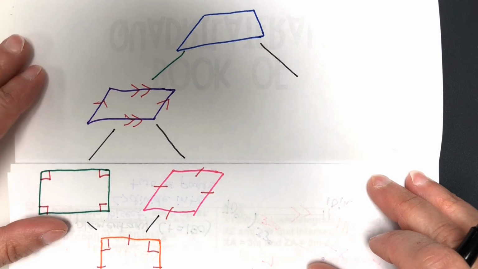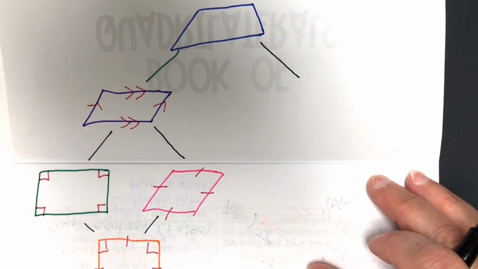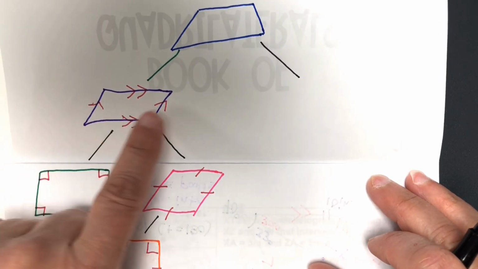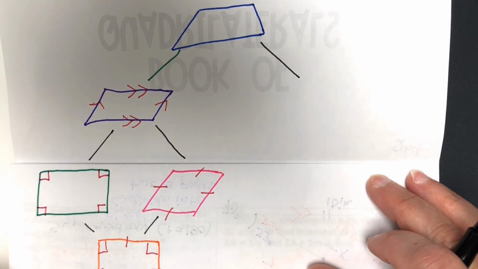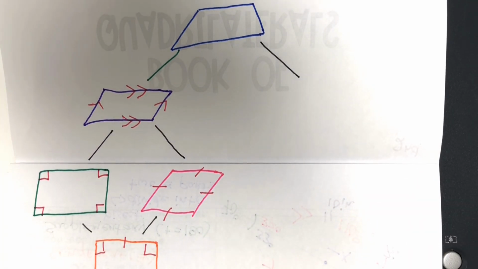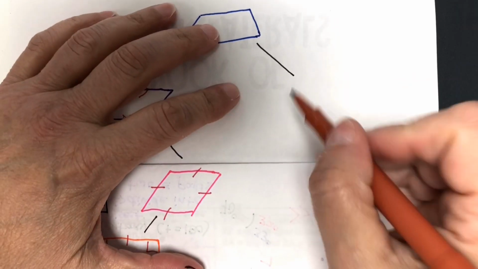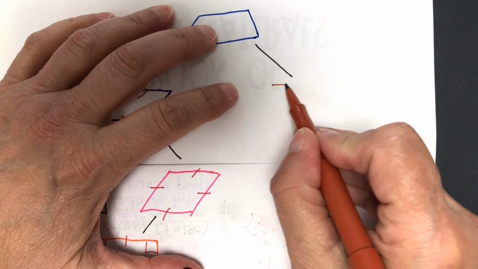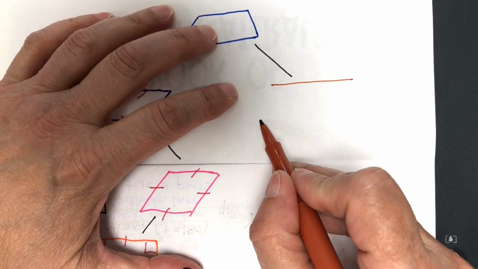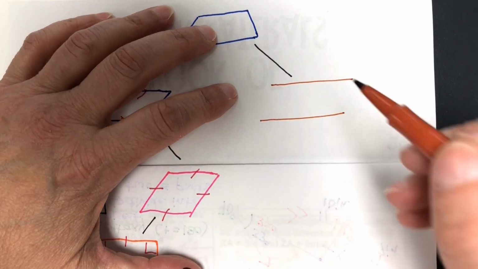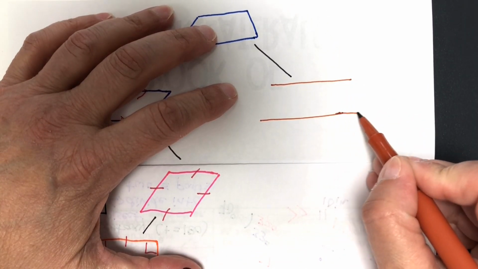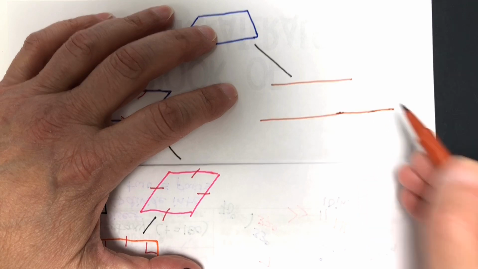In a trapezoid, instead of both pairs of opposite sides parallel, we have exactly one pair of opposite sides parallel. So for our trapezoid, we have a pair of parallel sides. Let me extend that.